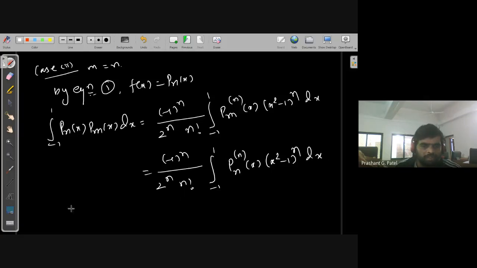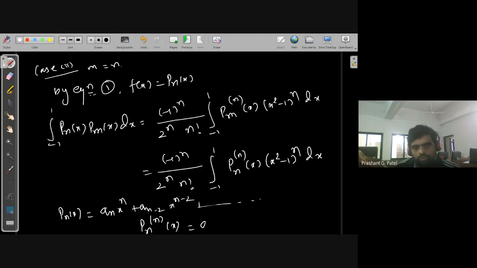And we know that Pn(x) is a polynomial of the form an x^n plus an minus 2 x^(n minus 2) and so on. If I take the nth derivative of this, then the constant term will remain. That you should know. And the n plus 1th derivative will become 0. That's why in the previous cases we did that.